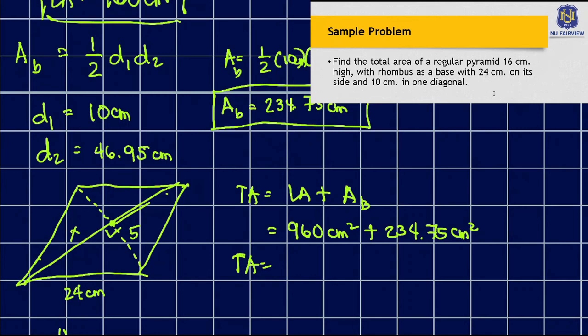So, that would be 1,194.75 cm squared. Okay. So, yan po yung sample problem number 1 natin.